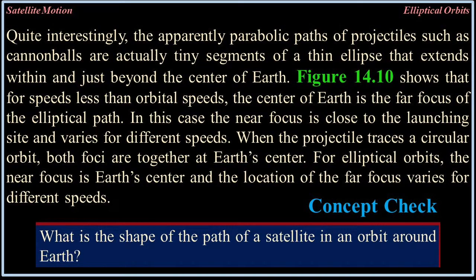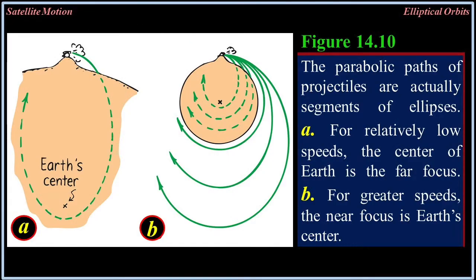Quite interestingly, the apparently parabolic paths of projectiles such as cannonballs are actually tiny segments of a thin ellipse that extends within and just beyond the center of Earth. Figure 14.10 shows that for speeds less than orbital speeds, the center of Earth is the far focus of the elliptical path.